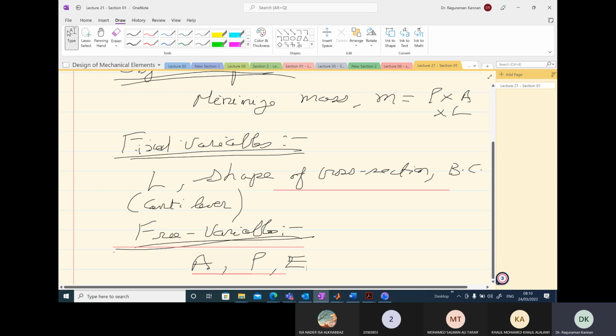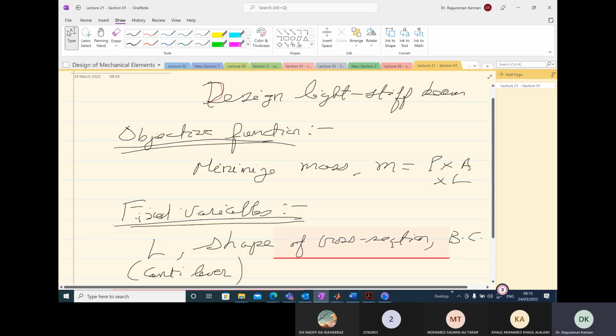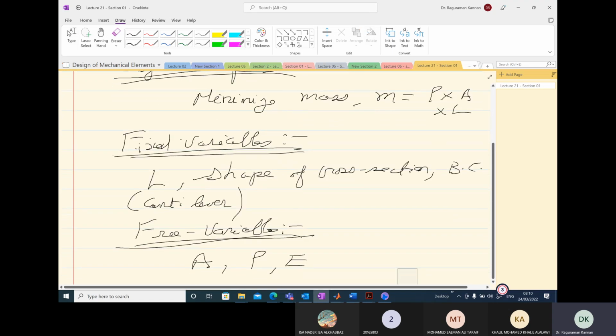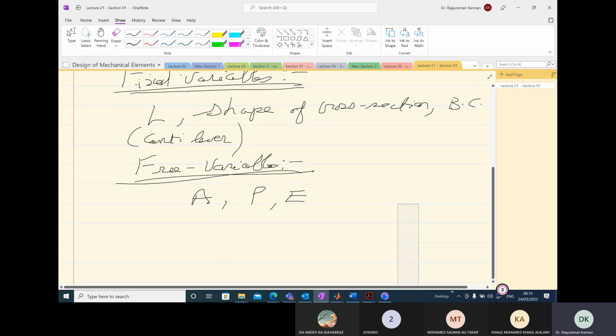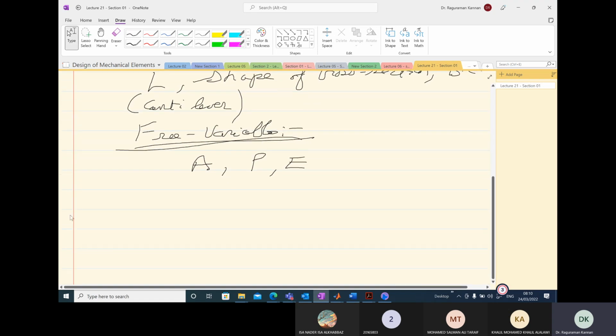Material choice is free, and therefore rho and E both should be free. Area of cross section is free. Okay. So after identifying these variables, we have to come up with some relationship. Usually we need some kind of relationship to work the problems.